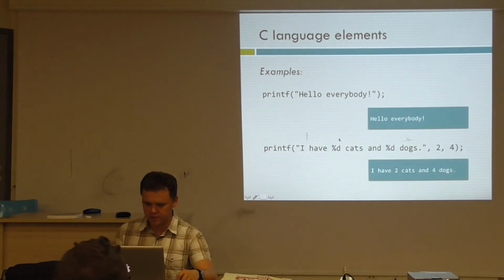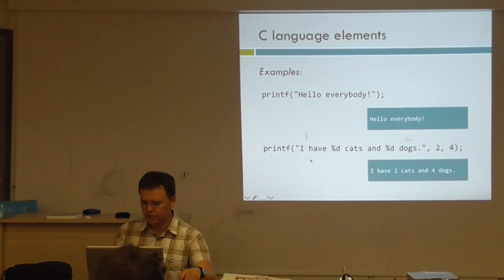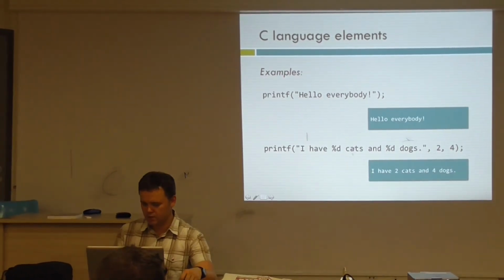You can see some examples. Printf, hello everybody. And you can see this is some field. %d means that we want to put an integer value here. This value will be stored here, y 4 will be stored here, and this is the result.